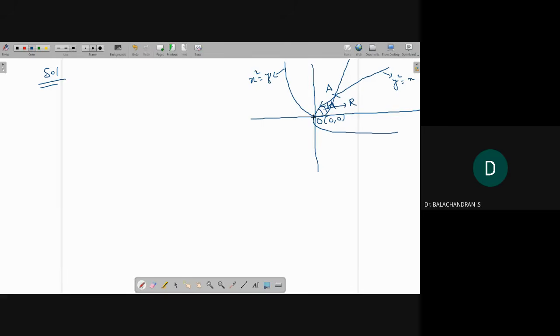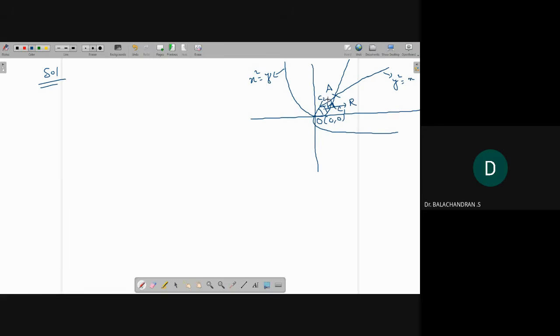So this portion OA I will take as C1, AO I will take as C2. Or you can keep OA or AO, but it is better to put C1, C2, then you can easily identify, because with OA and AO, sometimes you feel both are the same. That's why I'll write here C1, here C2.